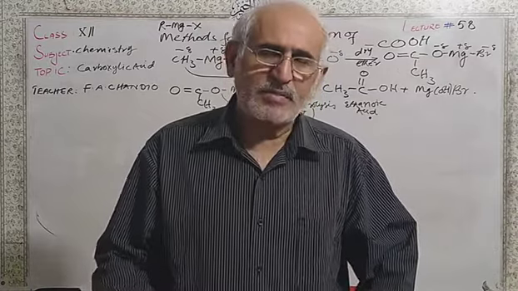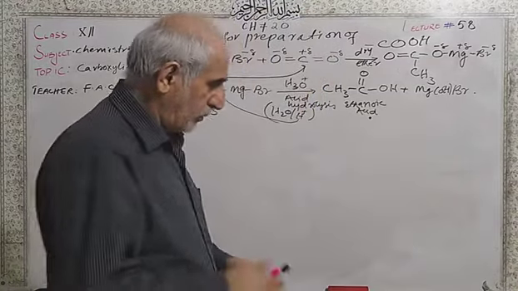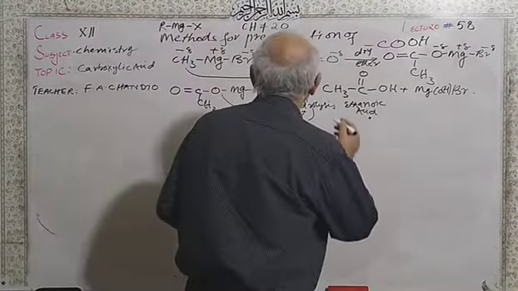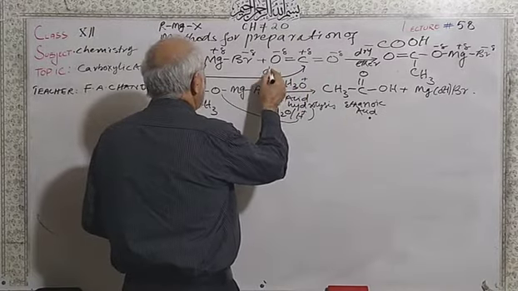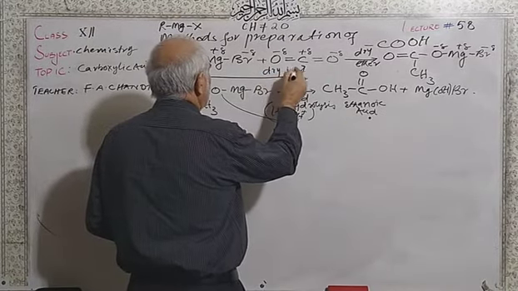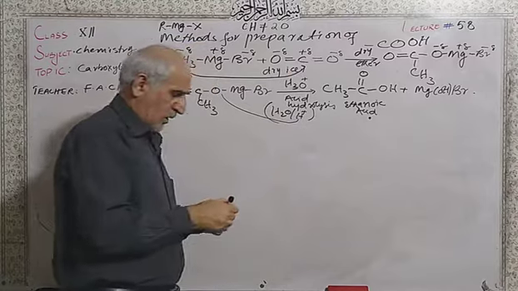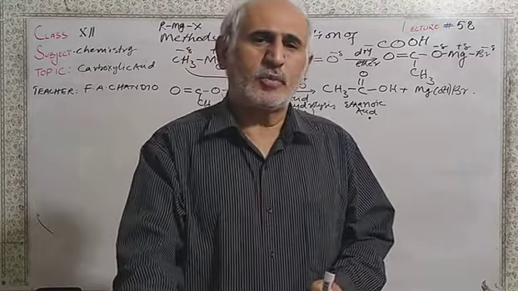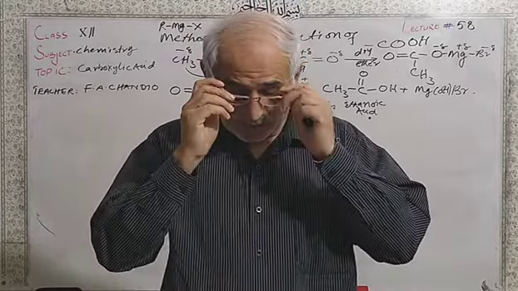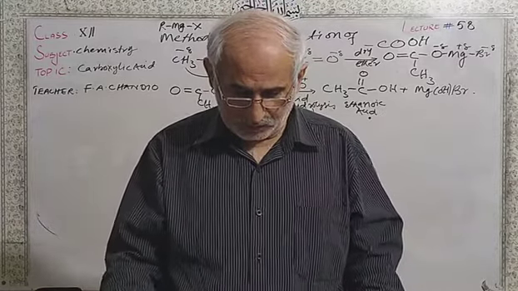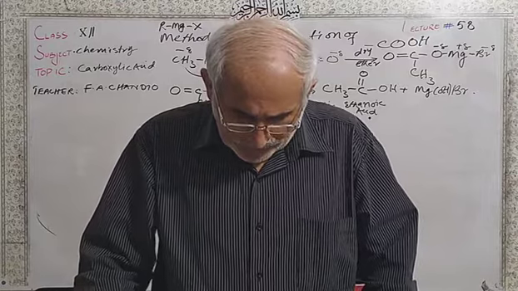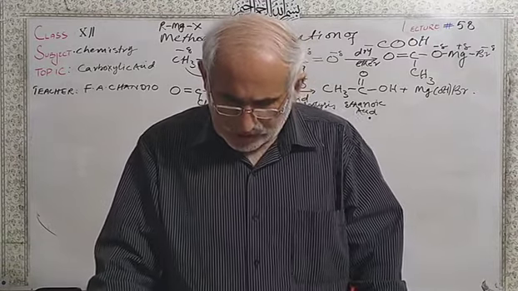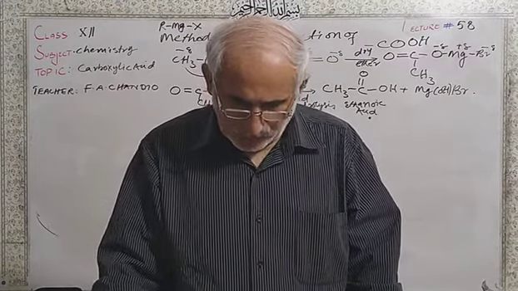Carbon dioxide gas must be in the solid form. That's why you say dry ice. Carbon dioxide gas at about minus 80 degrees centigrade is going to be changed into a solid. We call it dry ice. So the addition product on reaction with the mineral acid produces carboxylic acid.